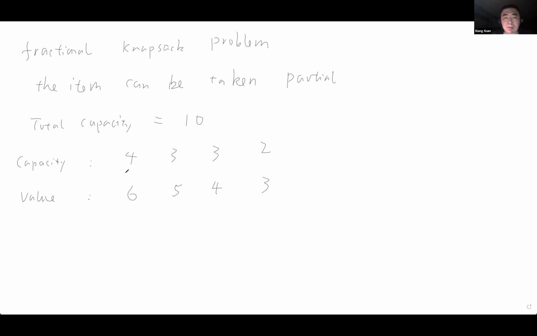You can just speak up. You have 4 items, right? The capacity and the value. Intuitively, under the limited capacity, if you want to bring more value, what kind of intuition would you use?